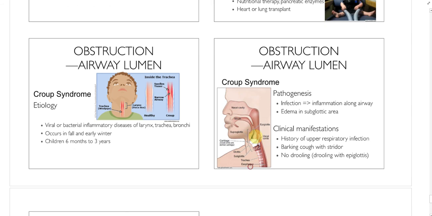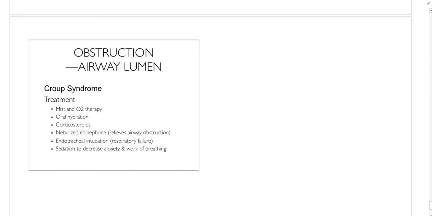Sometimes we got to treat them with other things, such as corticosteroids. Maybe needing to give them nebulized epinephrine, which will stimulate the sympathetic nervous system and allow for airway opening. But a lot of times, mist and O2 therapy are all kids need to alleviate a lot of the more crisis-style symptoms.